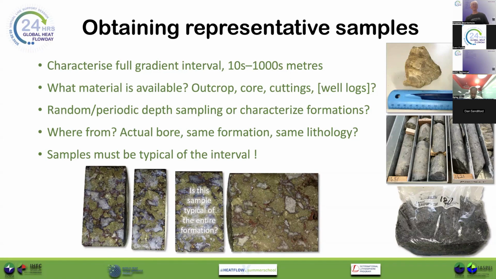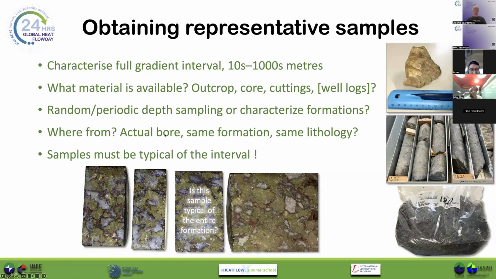So if we have a temperature gradient, perhaps over a 500-meter interval, then collecting a core sample every 25 meters or so, and then measuring thermal conductivity at a single point every 25 meters down that 500-meter section can provide a statistically reliable estimate of thermal conductivity over that interval.